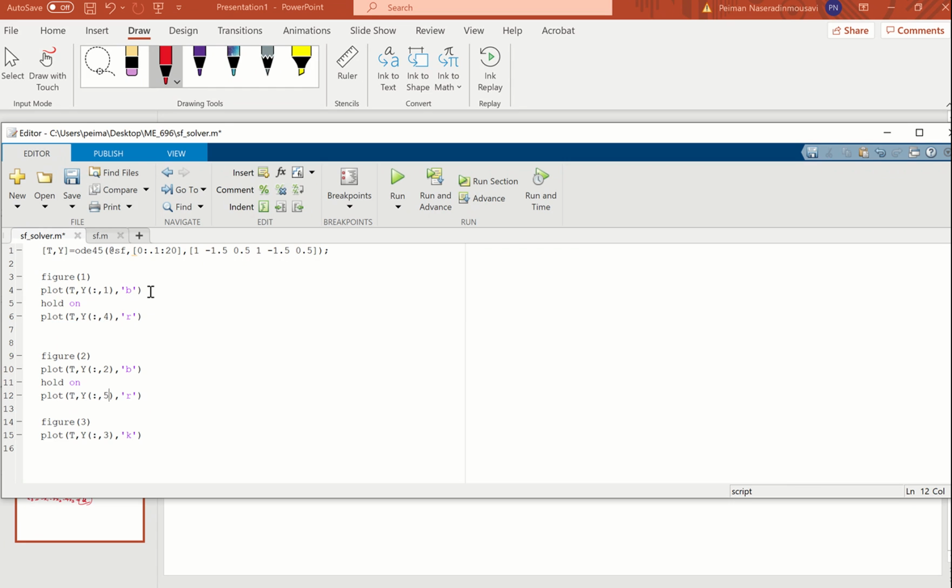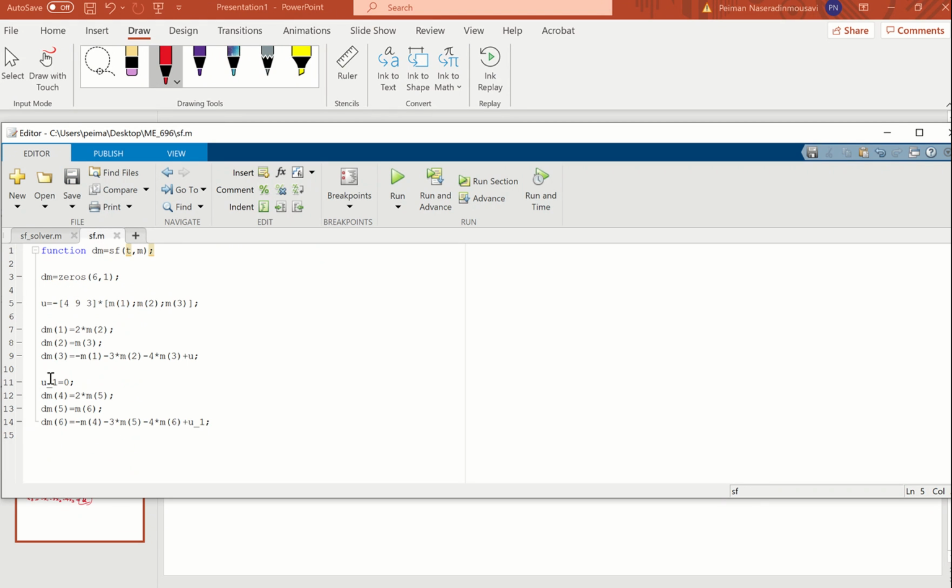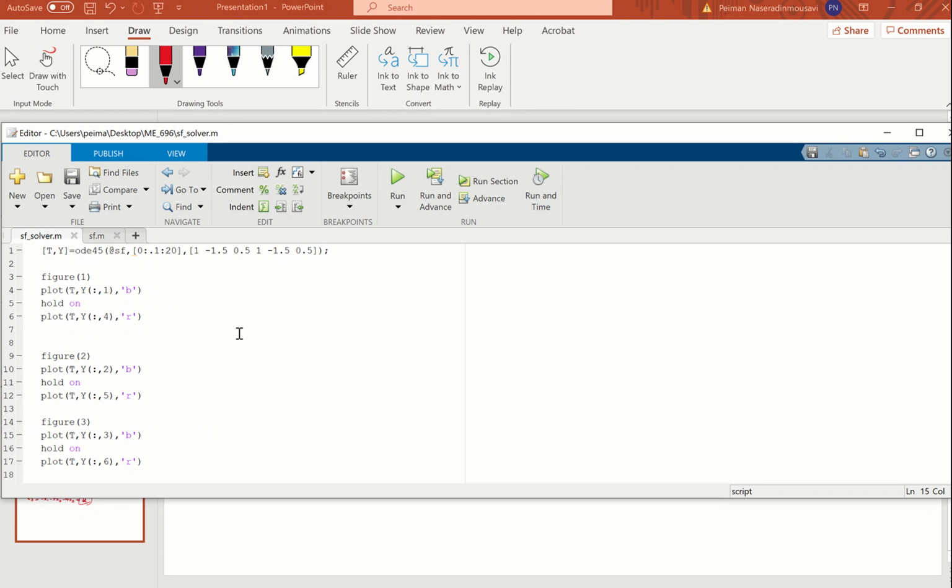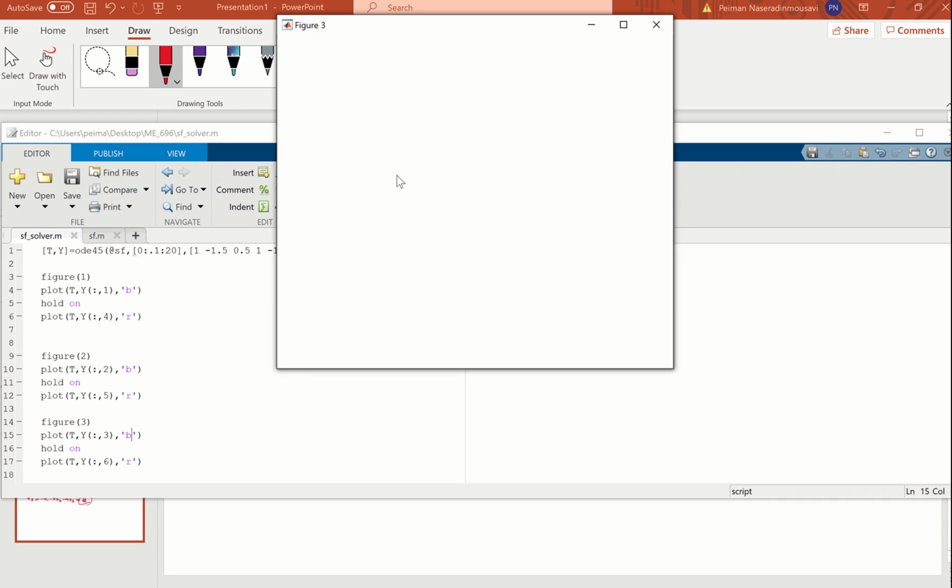This is gonna be with 5 and this is gonna be with 6, and again this is blue. So blue are for controlled system and the reds are for uncontrolled system. U1 is 0 or U is 0, but here we have U. Okay, understand? So hopefully I didn't make a mistake. Okay, let us run it.